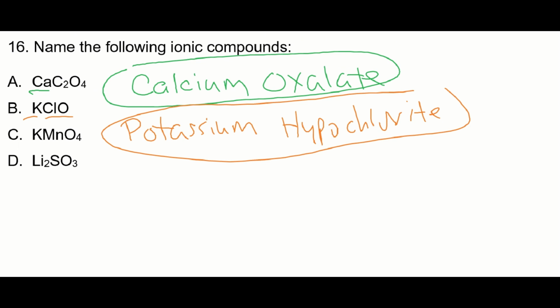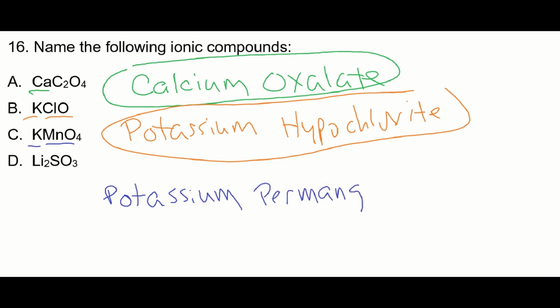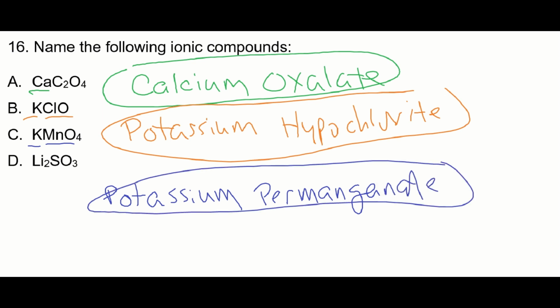Yeah, oftentimes naming can be pretty straightforward unless you have those transition metals. All right, let's keep going. K is potassium again. And MnO4, 1 negative, is your permanganate polyatomic ion. Okay, lithium and 1 less oxygen than sulfate is sulfite, so that's lithium sulfite.